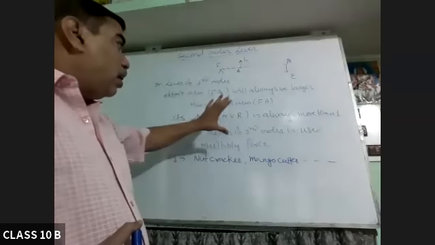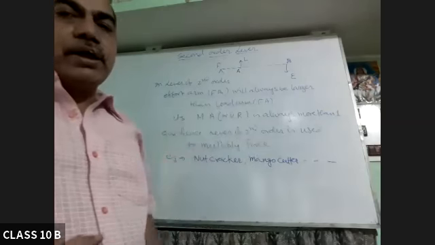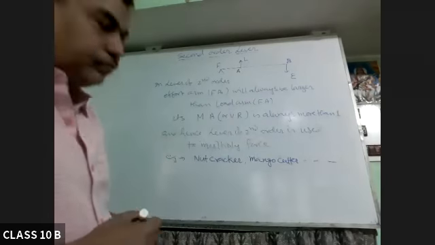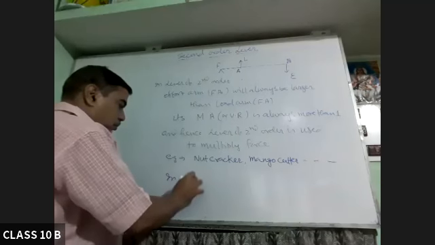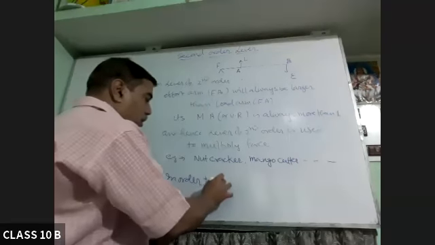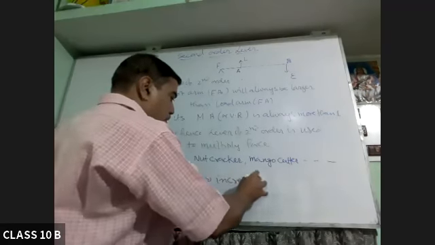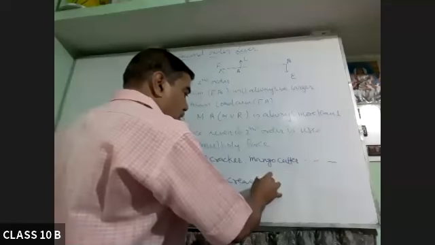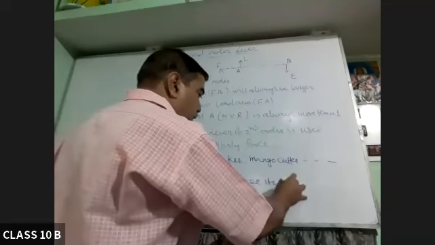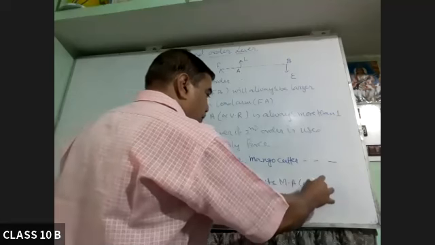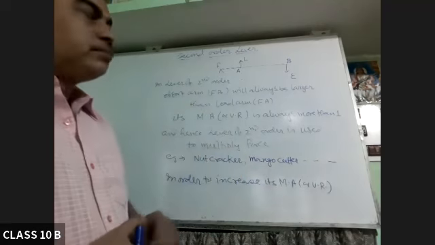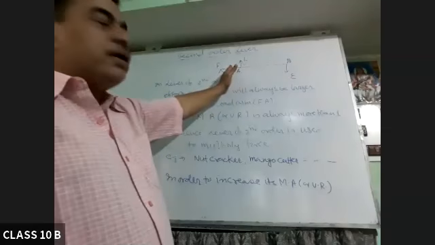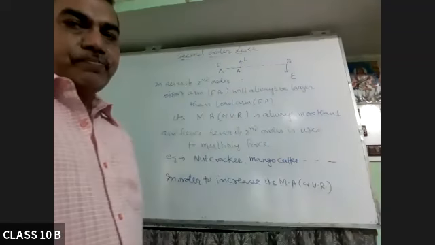Now, how will we increase the velocity ratio or mechanical advantage of this? In order to increase its MA or VR, what should be done? The load must be placed closer to the fulcrum.